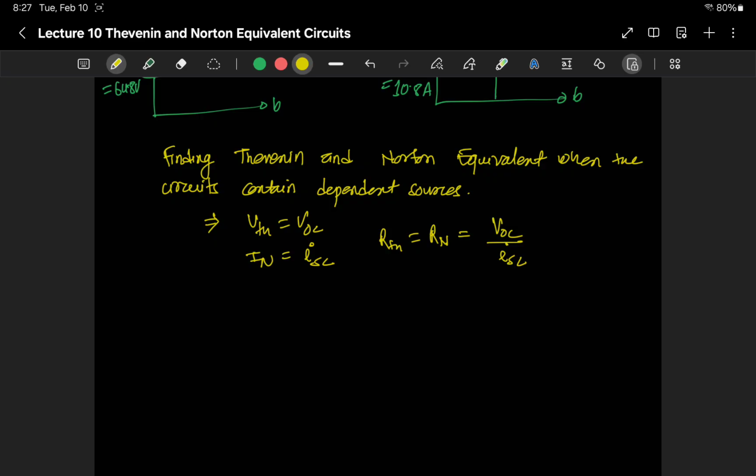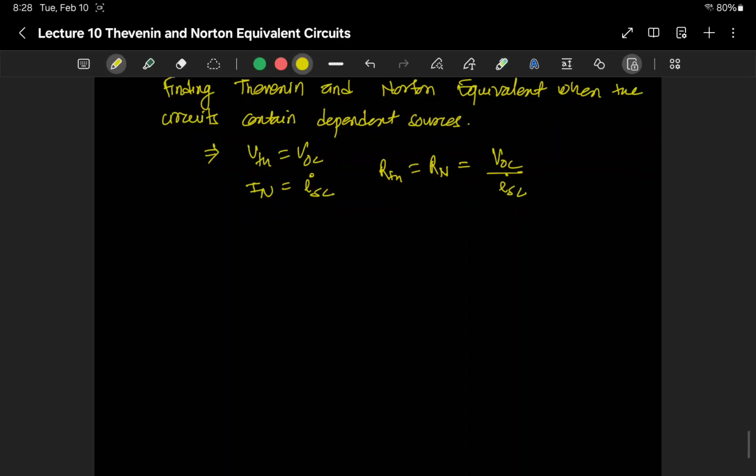So we'll have to revise that method. Alternative method for finding resistance, and this one is a revised method.